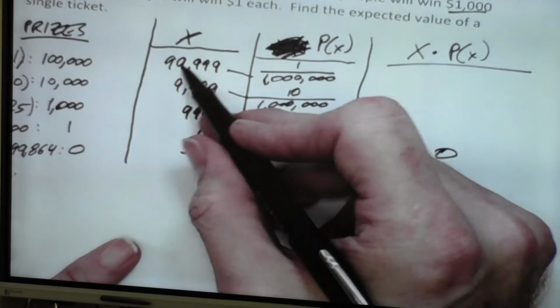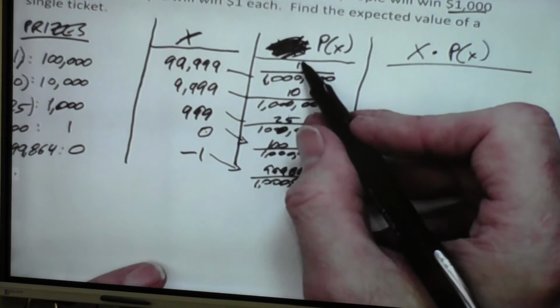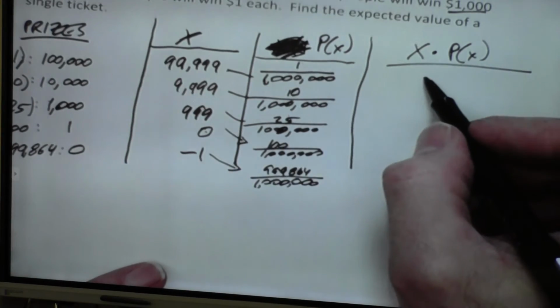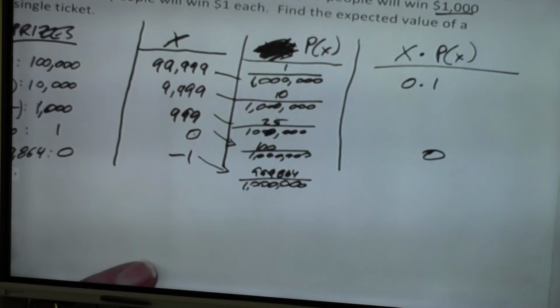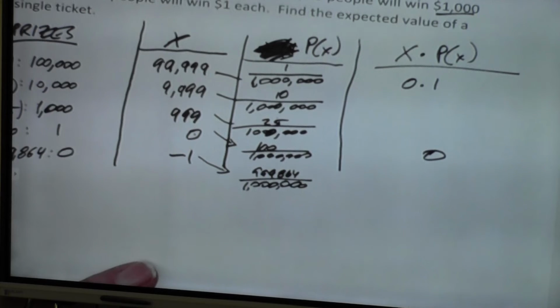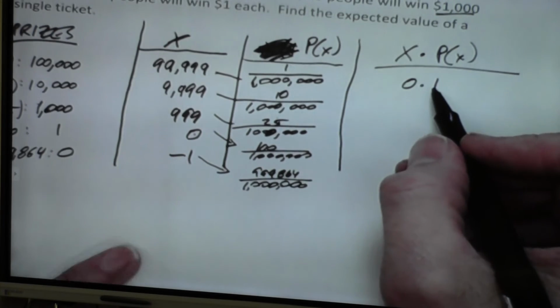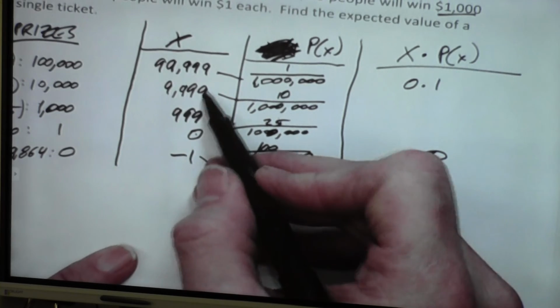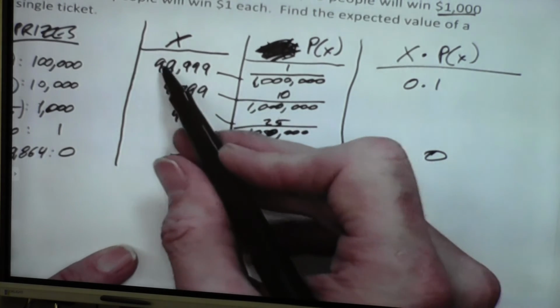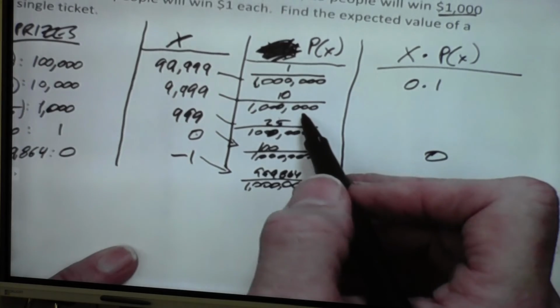We're going to round them. 99,000 times 1 divided by 1 million comes to approximately 0.1. It's like 0.9986, something like that. Okay, so it's 0.1. This one, 9,999 times 10, well, that makes it very similar to this, divided by 1 million.